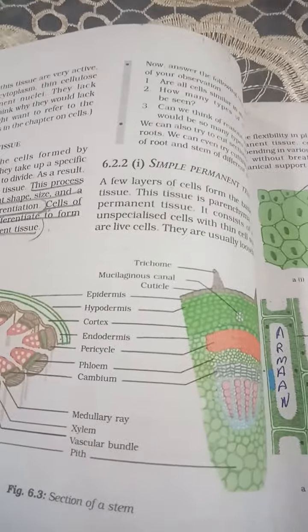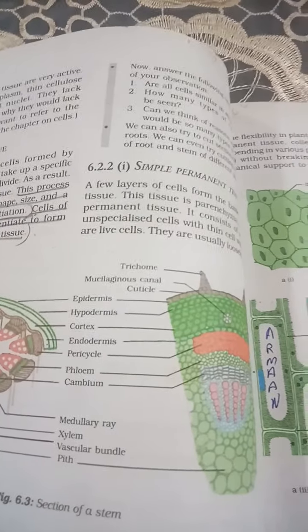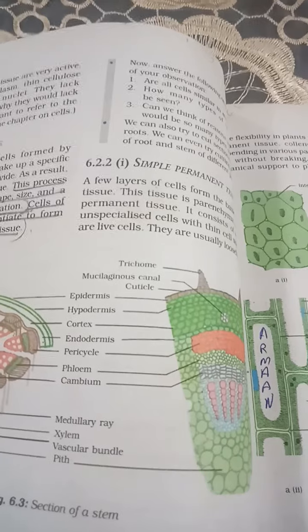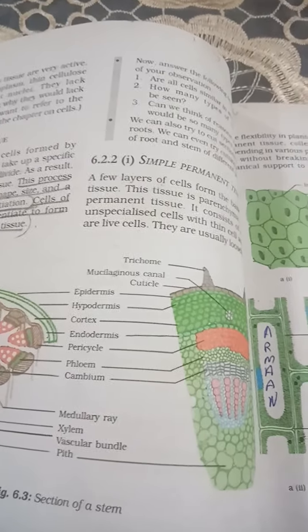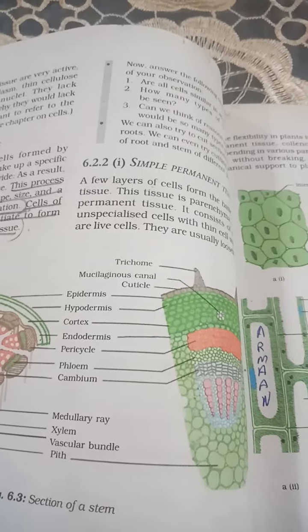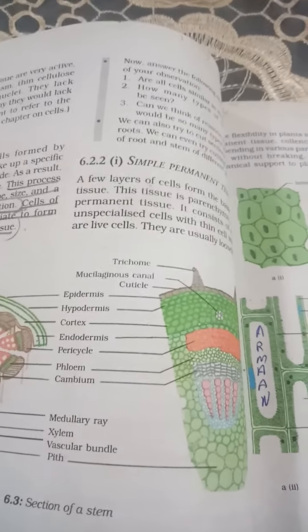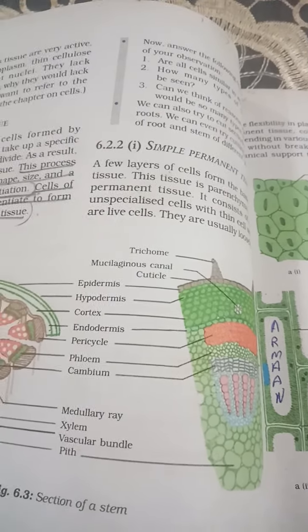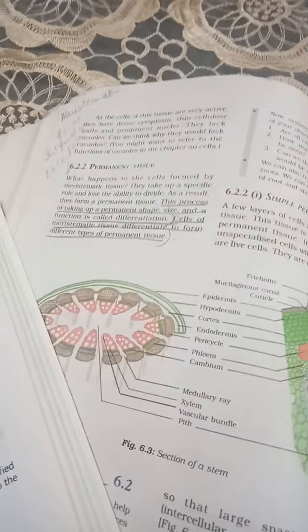Now see, the first type of permanent tissue, parenchyma, is a living plant tissue which is thin walled, right? And it is considered as one of the fundamental tissues. Now, where is parenchyma found?